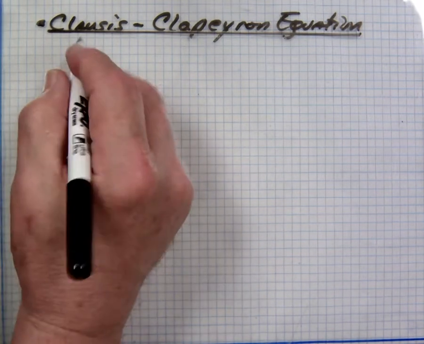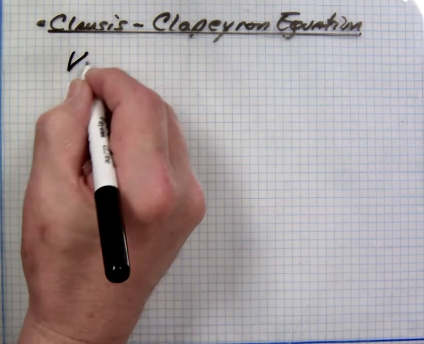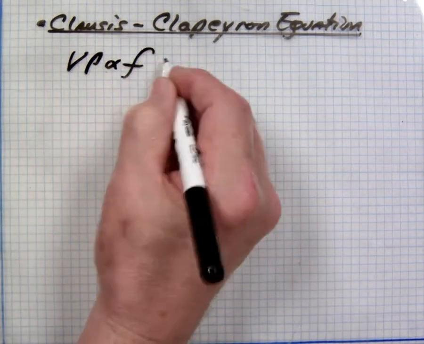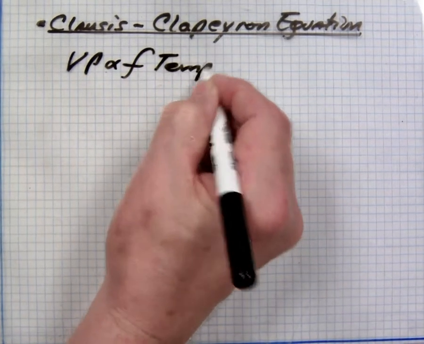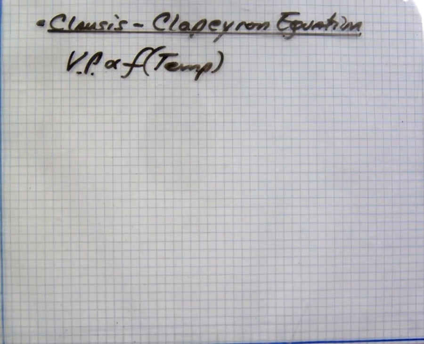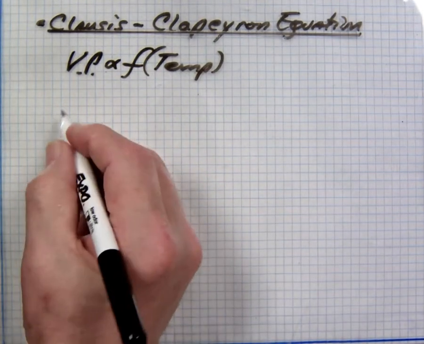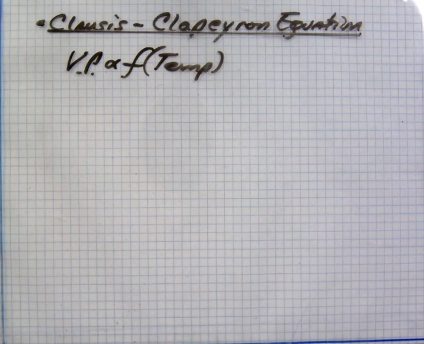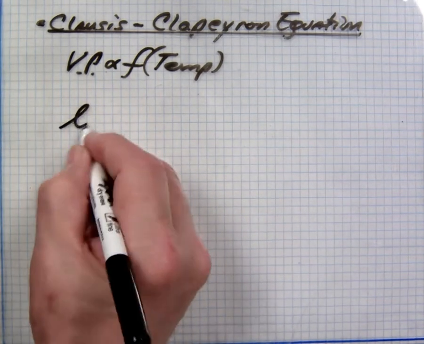This is an equation that defines the vapor pressure of a liquid in terms of its temperature. Not a real difficult equation, but you're going to have to work problems on it. The equation is derived out of vapor pressure relationships and temperature, but it boils down to this.